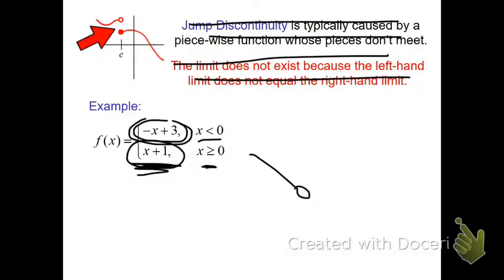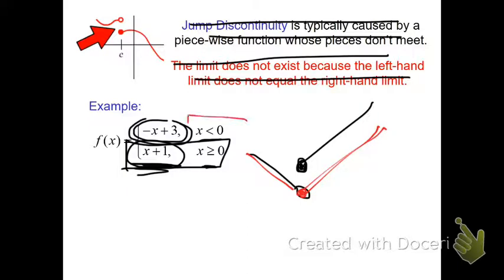So this piece maybe goes like this, and it's uphill. So basically I have two lines, one on the left, one on the right. They meet maybe at 0. That's basically what we have in question. We need to know if the height of the left side meets the height of the right side.